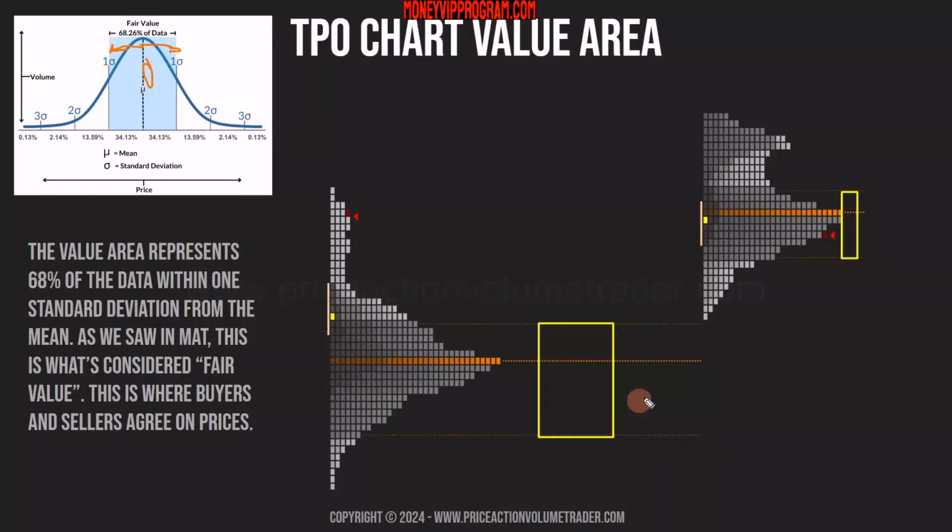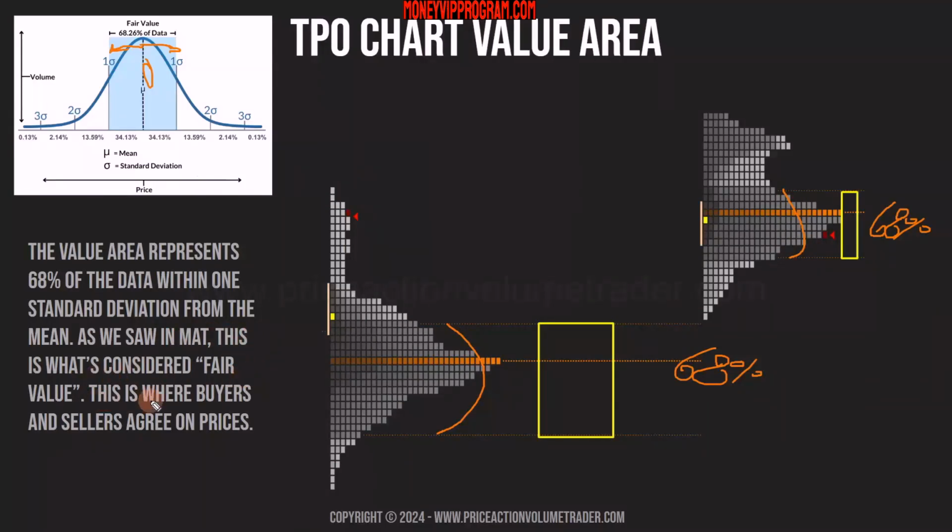So value area of 68% right here, value area of 68% right here. So this represents 68% of the whole time that this session was taking place. We spent 68% of the time here and here, okay?